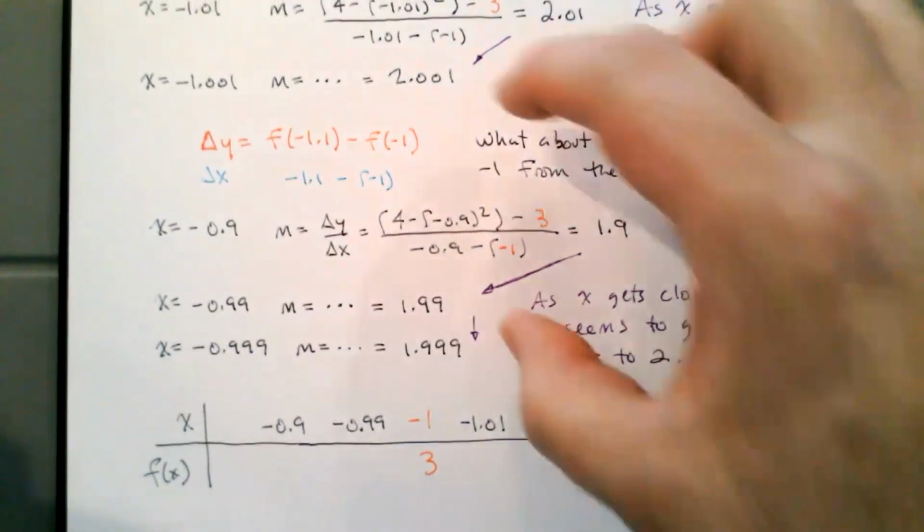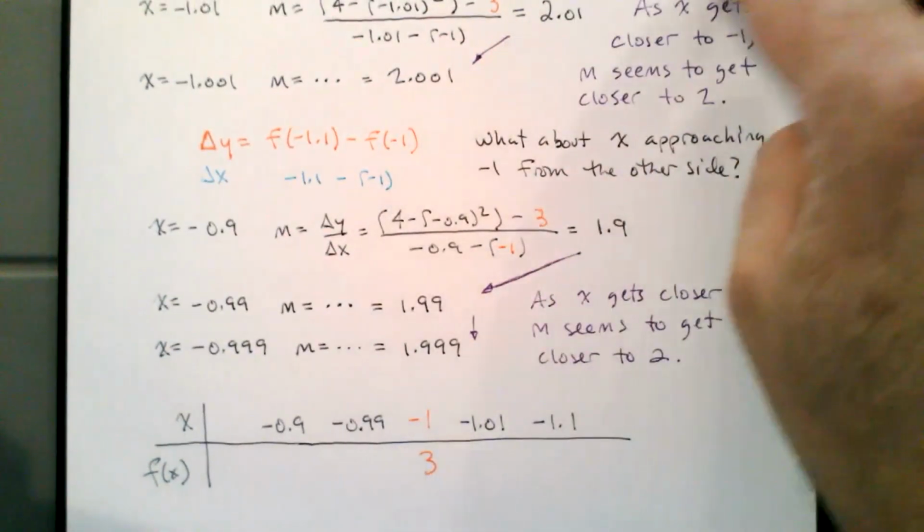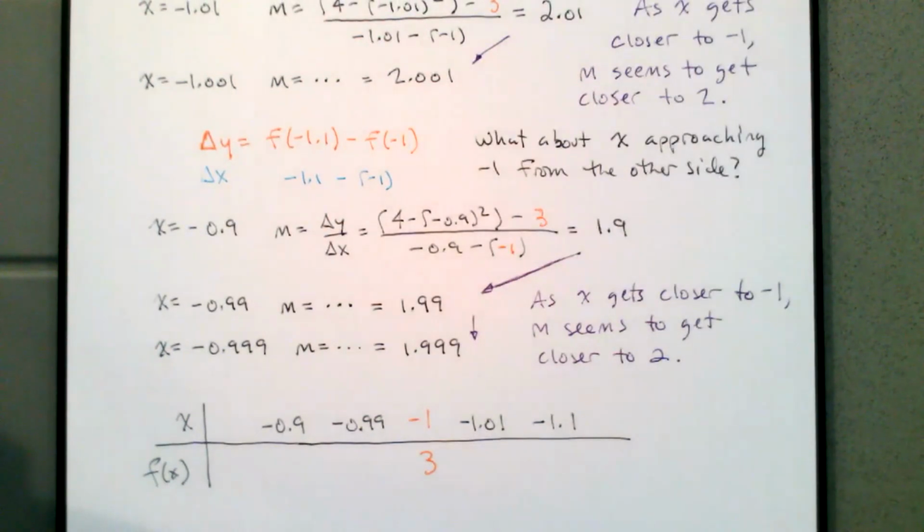So these numbers, since the slope seems to get closer to 2 as x gets closer to -1, these calculations suggest that the slope of the tangent line should be 2.